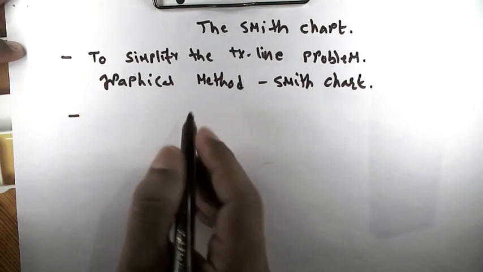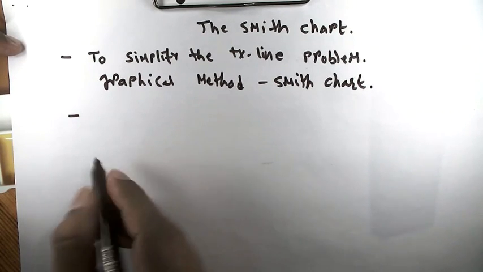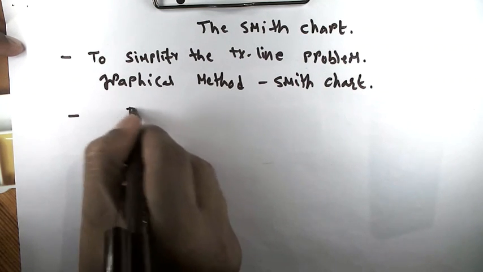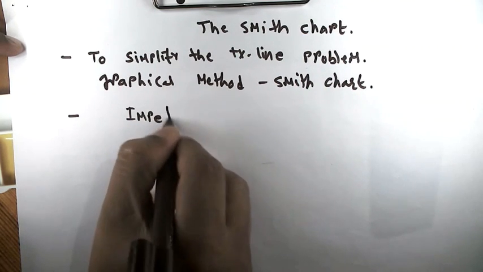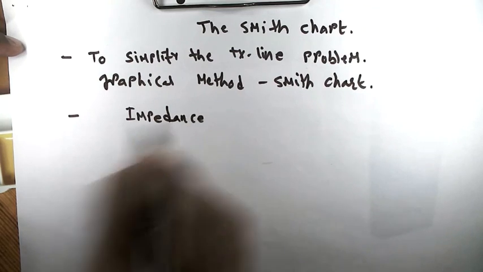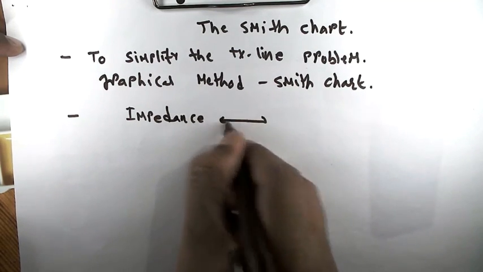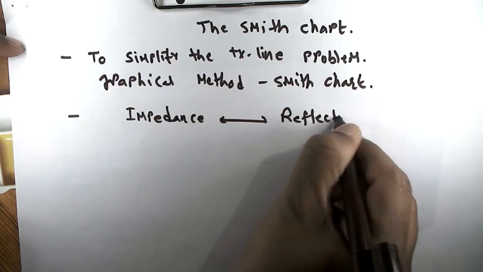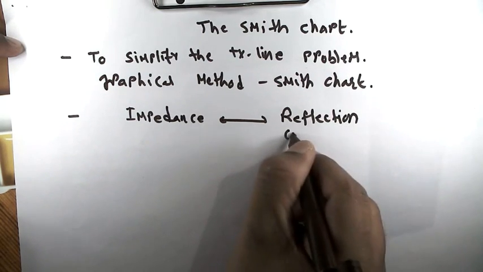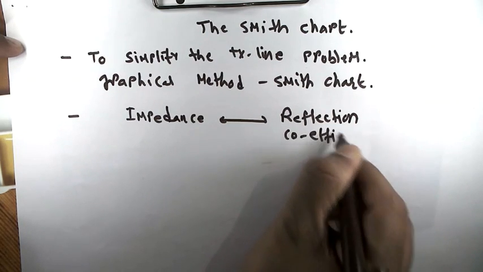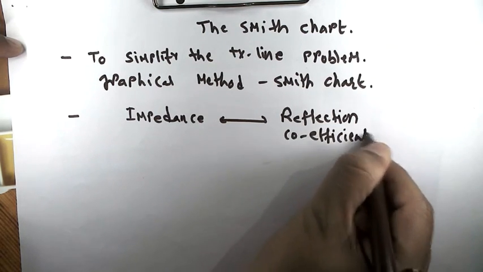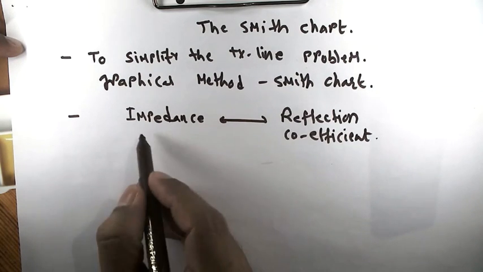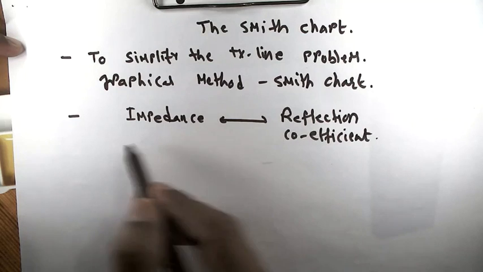One can say that the Smith chart is a converter which converts the impedance to the reflection coefficient. So it is a one-to-one mapping from impedance to the reflection coefficient or vice versa.